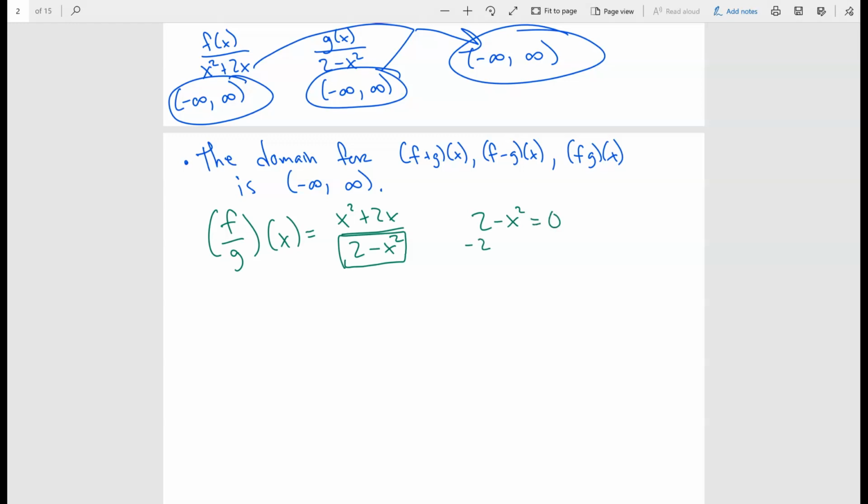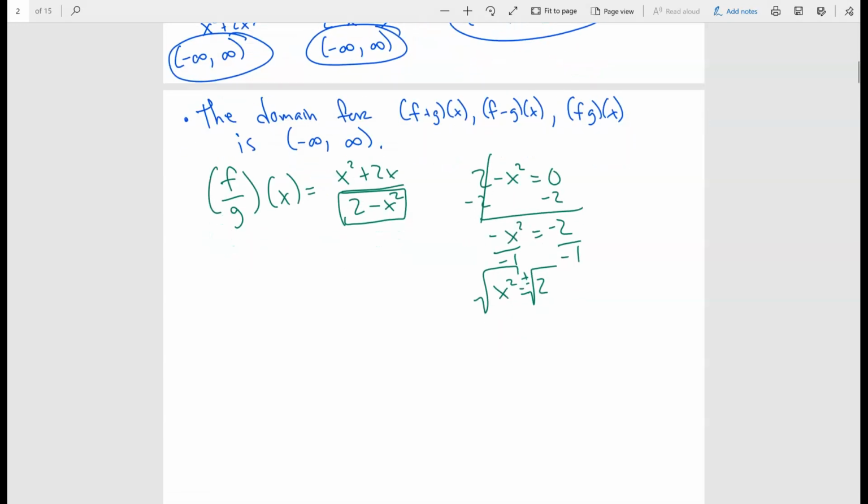So I'm going to subtract by 2. Negative x squared equals negative 2. Divide by negative 1. So x squared equals positive 2. And then take the square root to both sides. And remember, when we take the square root, you add plus or minus. So x equals plus or minus square root of 2, which means that it cannot equal those two numbers.